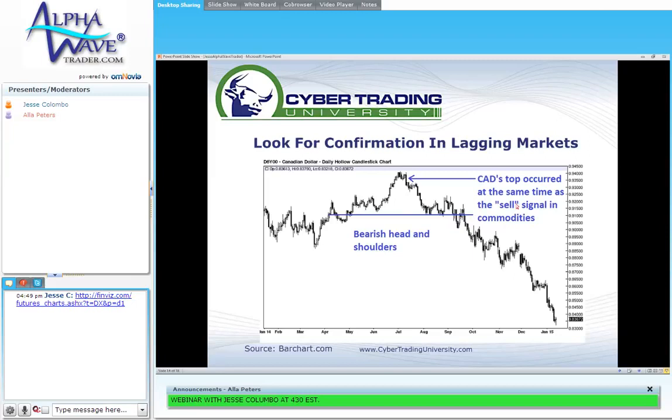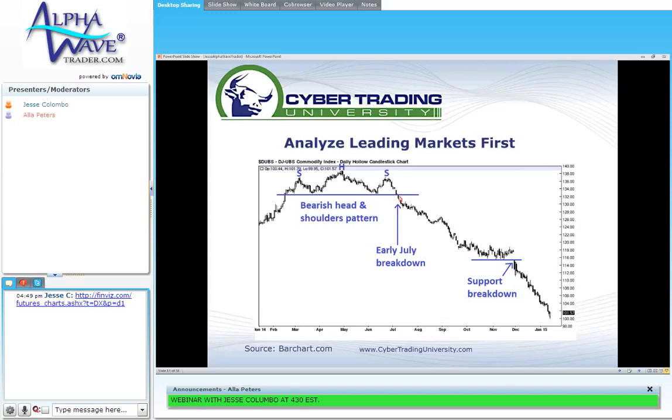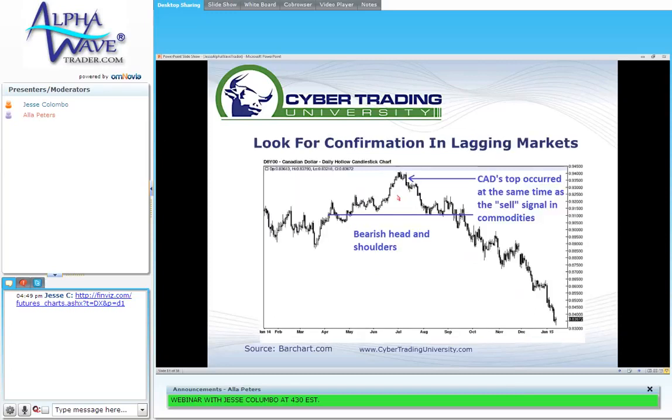And you'll notice that the Canadian dollar's top occurred at the same time as the sell signal in commodities. The sell signal in commodities occurred in early July, and that was the top in the Canadian dollar. Very interesting, and it's not a coincidence. And you can see that neckline support level, that horizontal line I drew right over here in the Canadian dollar.